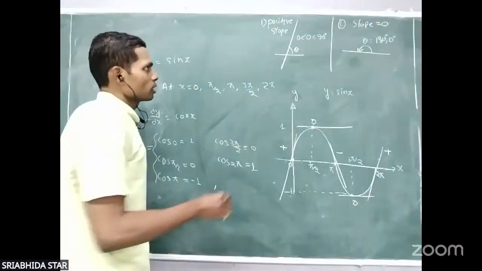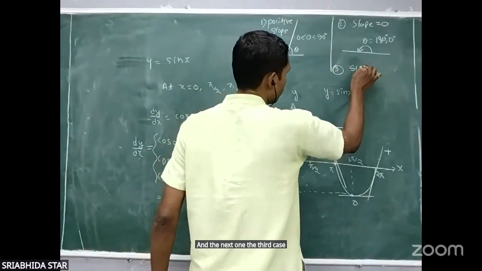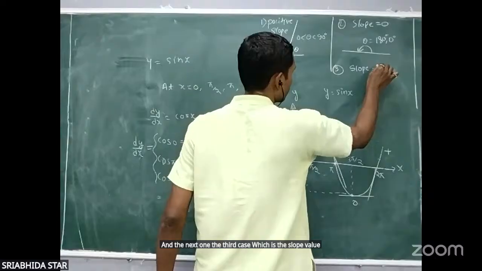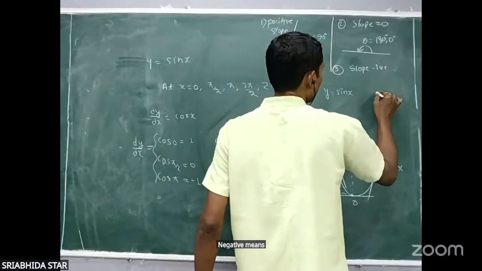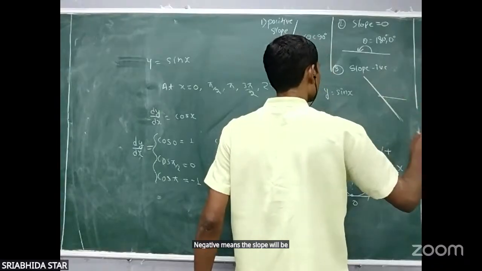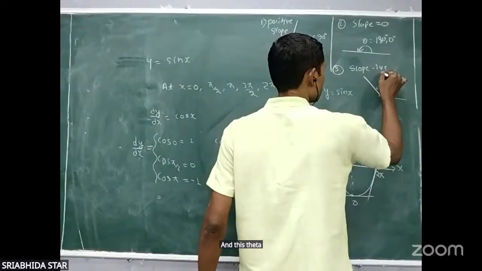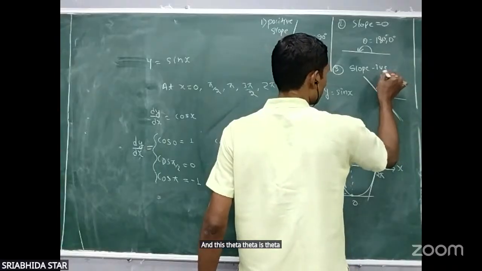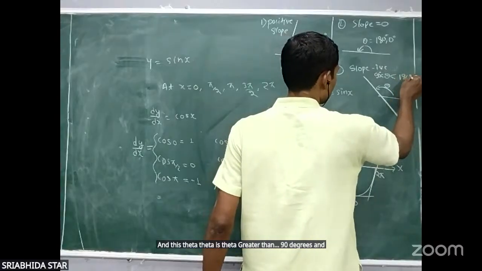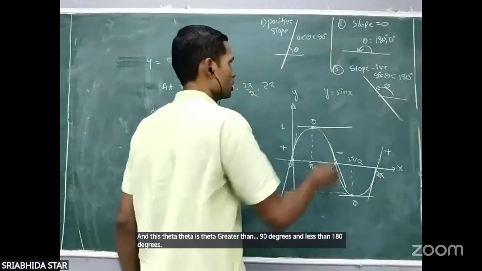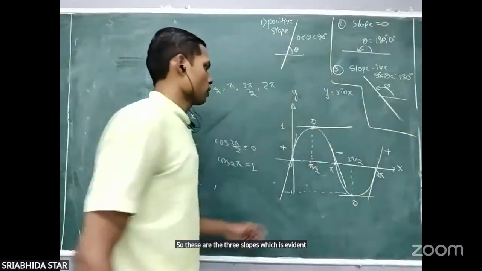And the third case is the negative slope. Negative means the slope will be like this, and this theta is greater than 90 degrees and less than 180 degrees. So these are the three slopes, and it is evident from this graph also.